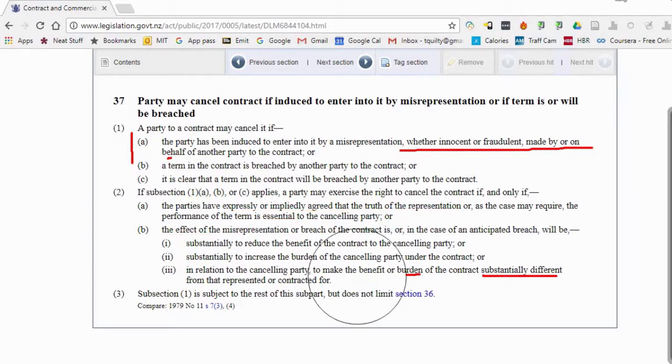Right, so our process here we can just summarize pretty quickly. We need inducement, we need it to be an essential term agreed or a substantial effect, and we can cancel the contract.